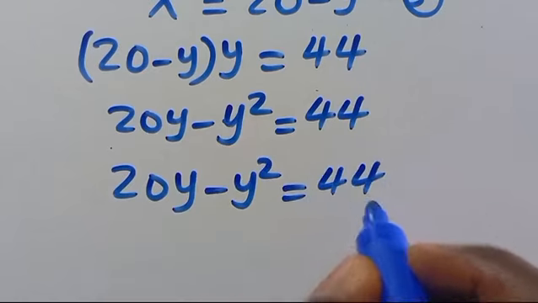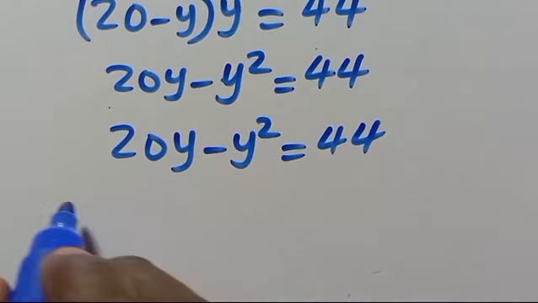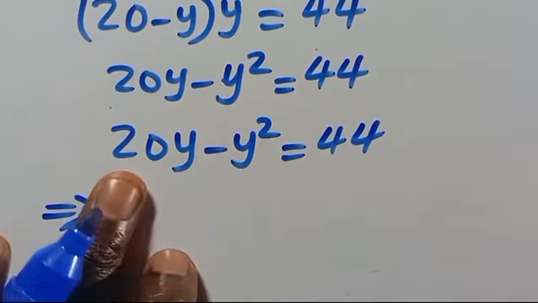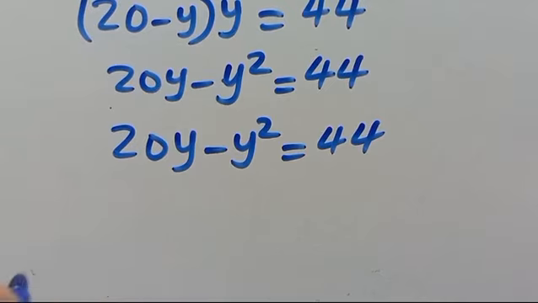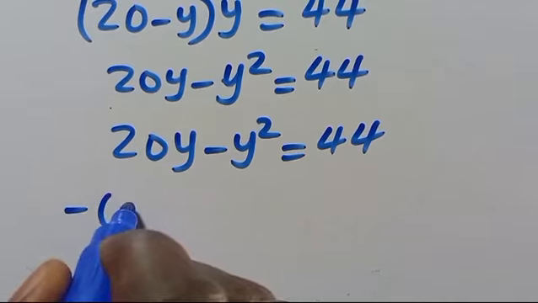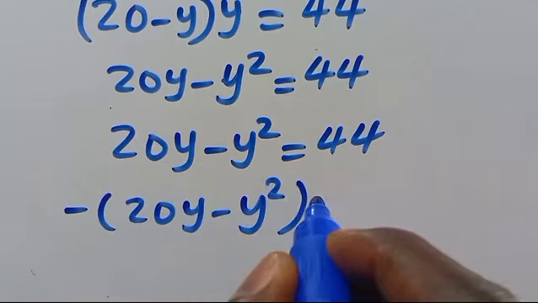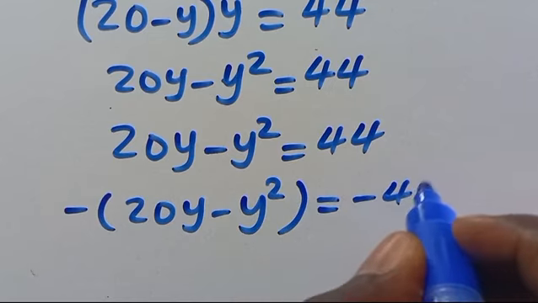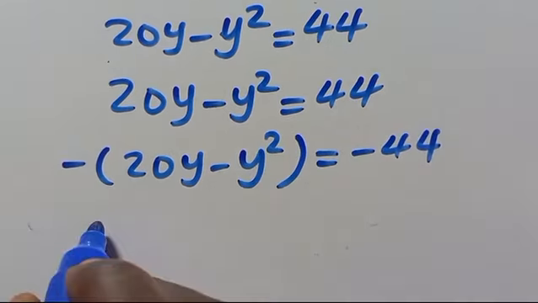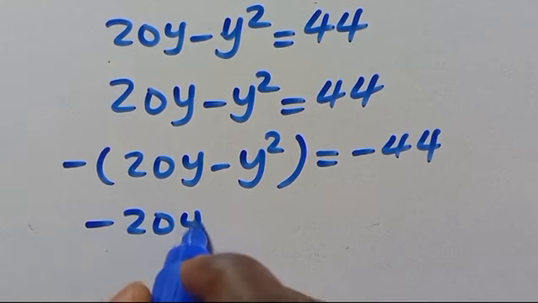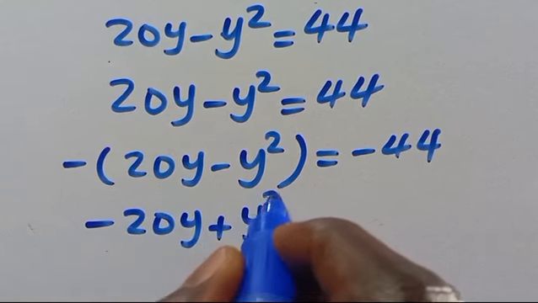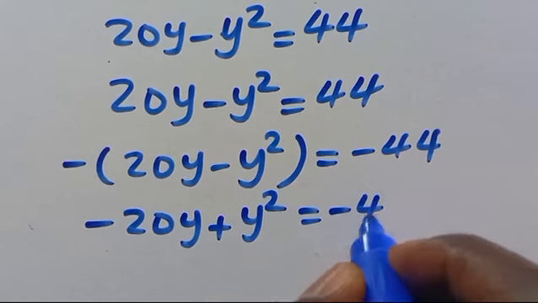equals 44. By arranging this expression, let's multiply through by minus. So here will be minus into 20y minus y squared equals minus 44. Here will be minus 20y plus y squared equals minus 44.